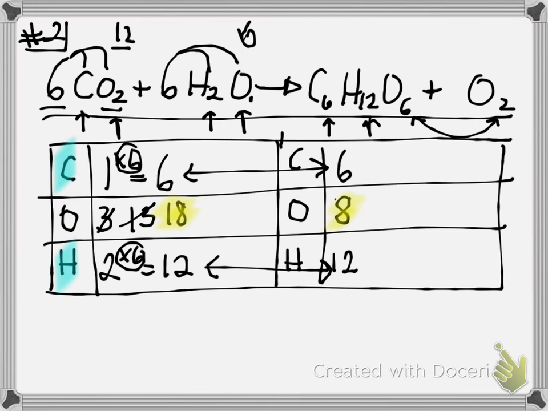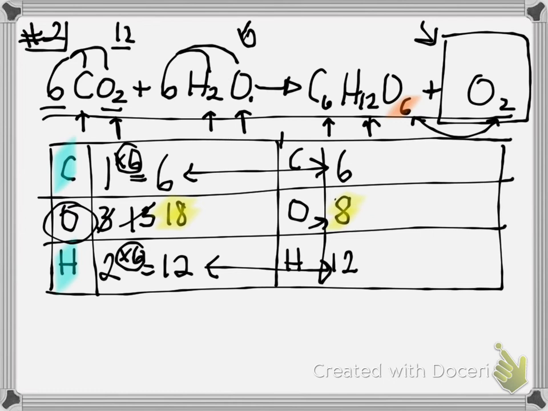We have a problem with oxygens. We also are lucky enough to notice that right over here in this box, we've got an oxygen all by itself, and it's on the product side, which is good, because our product's oxygen is lower than our reactant's oxygen. We have to ask ourselves, if we take a look at our equation, we've already got 6 oxygens here.